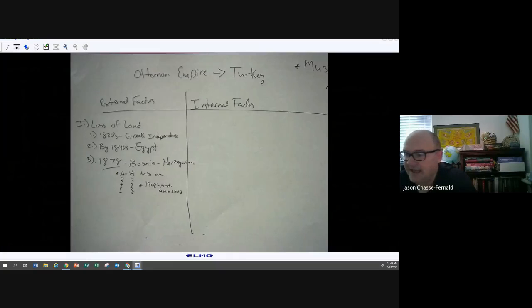Right, by, I generally ask by whom, and most students are pretty aware that it was a Serbian. Some even know that he's from the Black Hand. It's a Serbian group, and sometimes students will say a Serbian terrorist group. Sometimes they'll say a Serbian nationalist group.